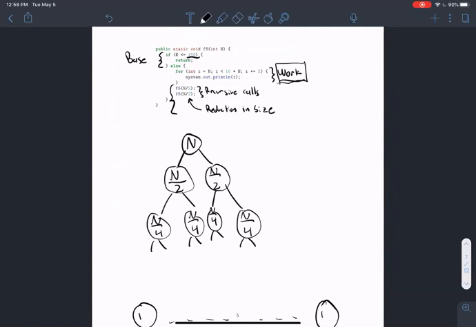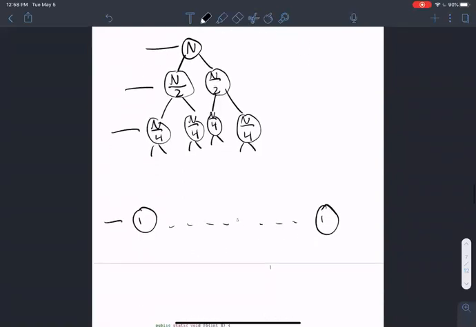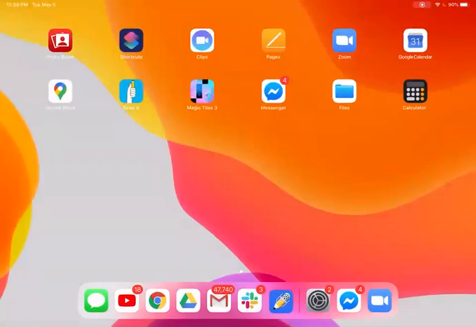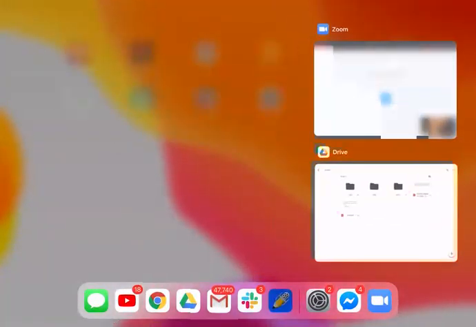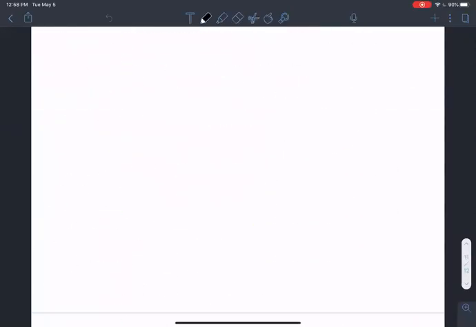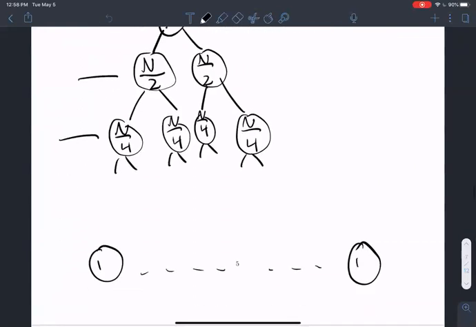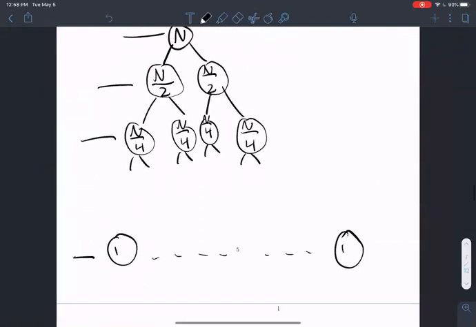So the techniques for this: sometimes the work at each level is constant. So the work at this level, this level, all the way to the bottom, they all have the same, and by constant I don't mean constant with respect to n, but that they all do the same work. It's the same expression.